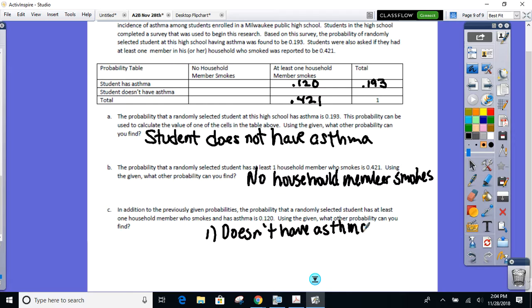Is there anything else I can find other than that? Basically the rest of the table. Actually, no, I couldn't find the rest of the table. I can? Okay. Calm it down over there, smarty pants. So just the rest of the table.